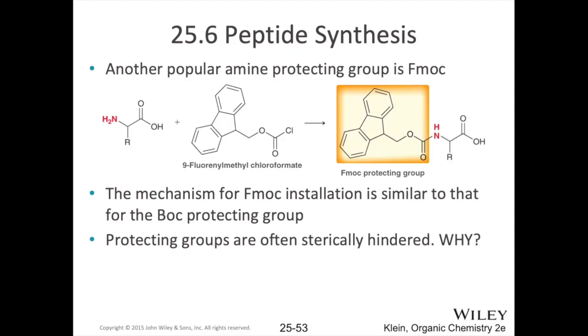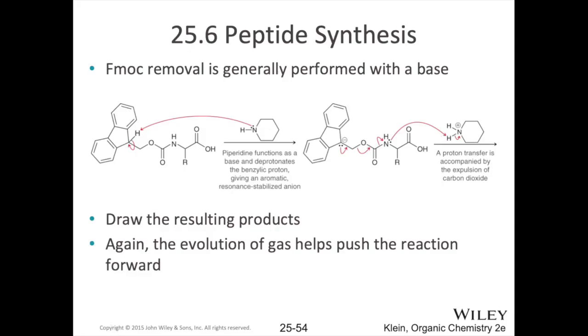Another method to protect the amine is to use an FMOC group. That stands for 9-fluorenylmethyl chloroformate. Say that 10 times fast. So anyway, we've got this bulky protecting group. Again, it works very similarly to your BOC group, right? You're making a carbamate here, and that means that nitrogen is less likely to react. Okay.